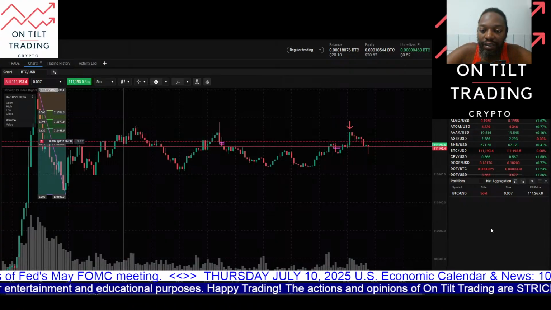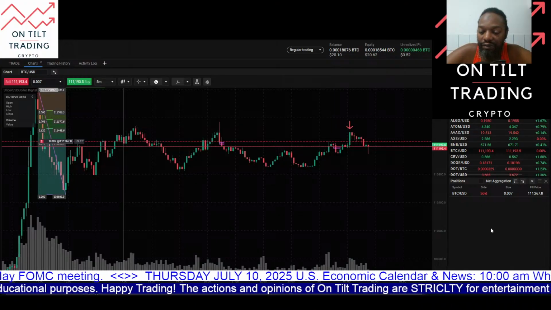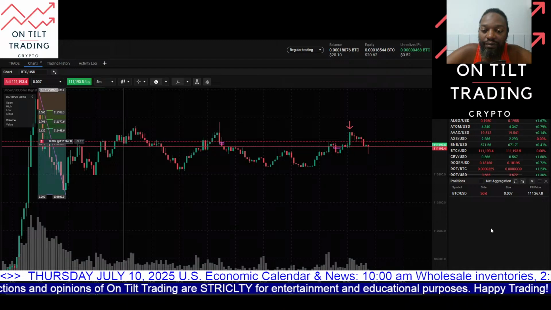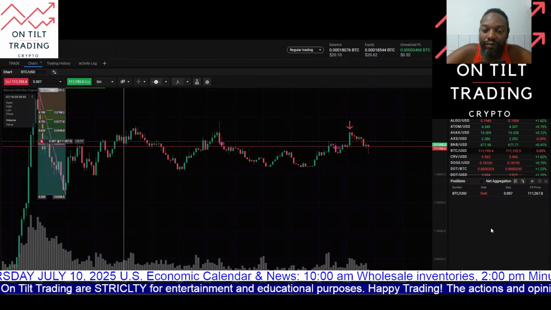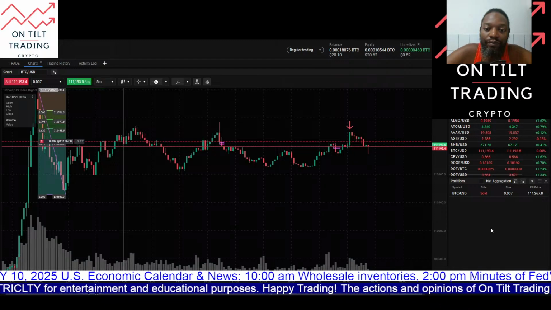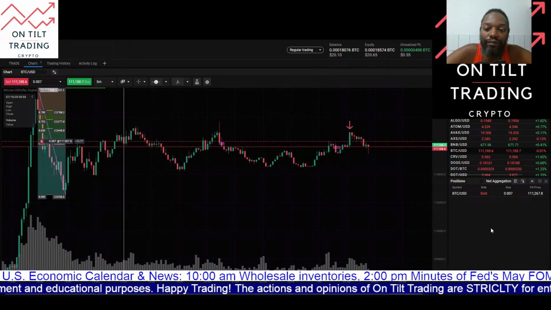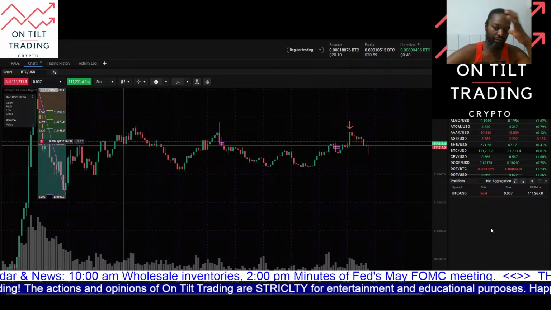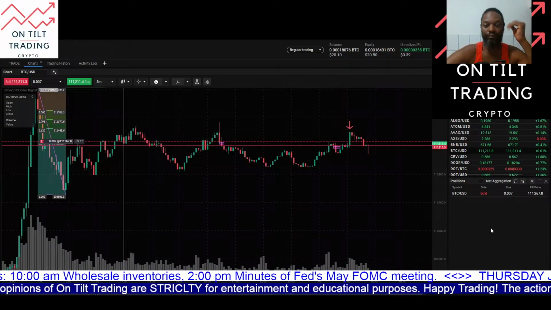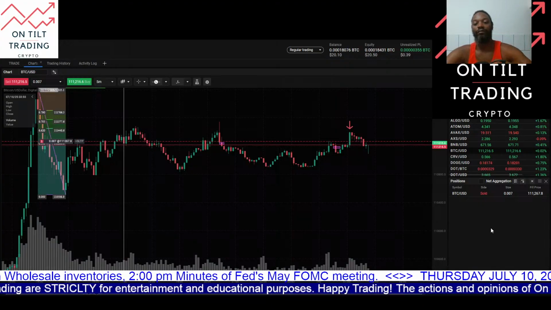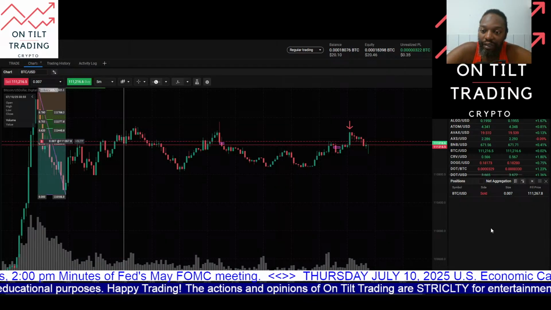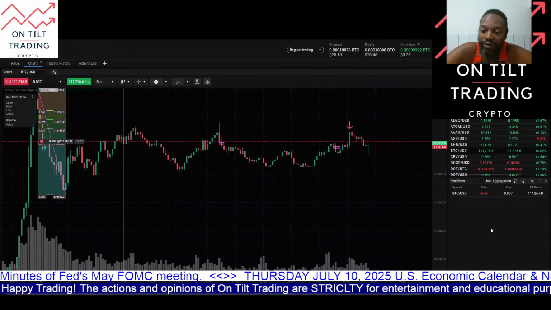Some consolidation near the high of this 5-minute candle. More buy side delivery, price now trading near the 111,220 level.